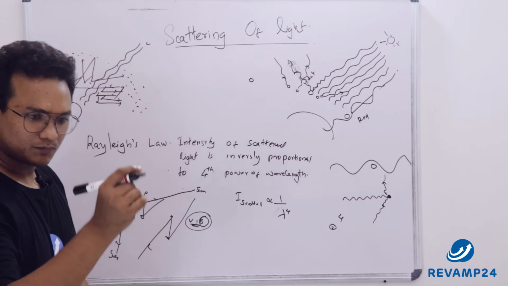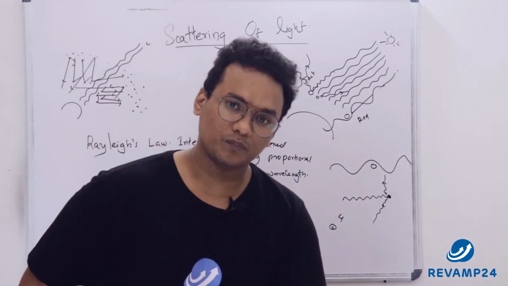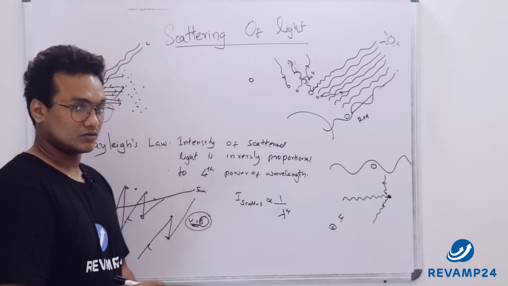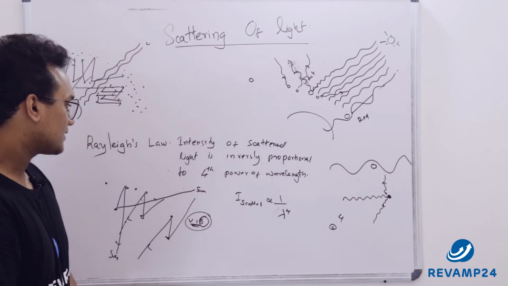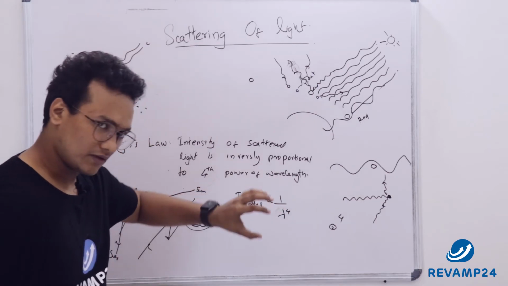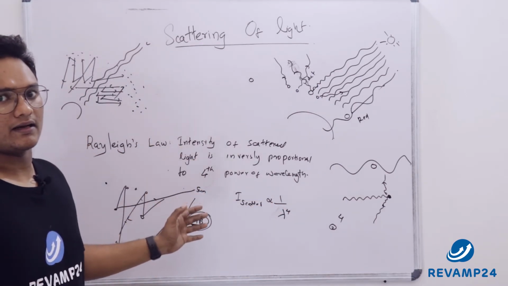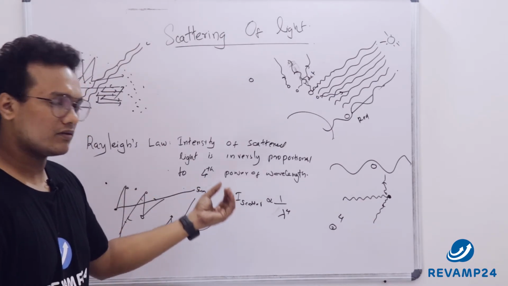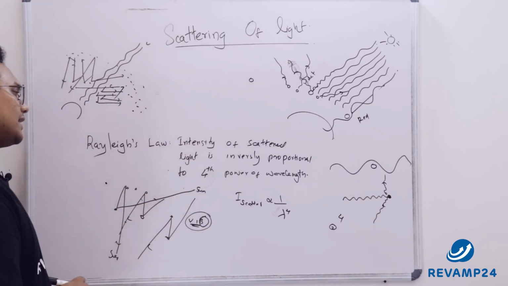A small drop in wavelength gives a large increase in scattering. So the smaller the wavelength, the larger the scattering. Red has the least scattering, violet has the highest scattering.